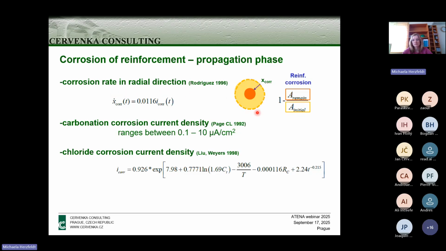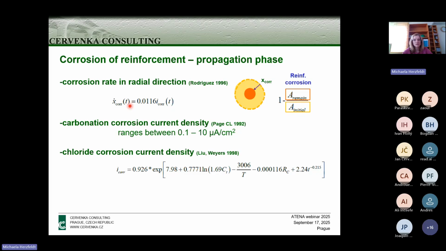This is a cross section of reinforcement that is corroded. So the orange line should show some sort of initial cross section, and the inner part shows the cross section of reinforcement that is still non-corroded. And here is the radial direction, how the corrosion is propagating.